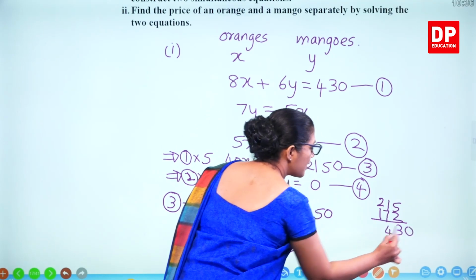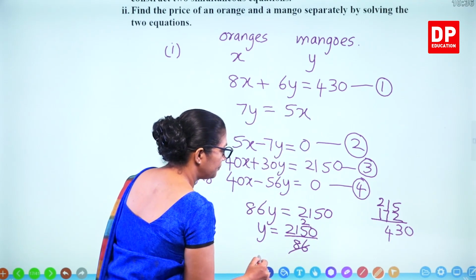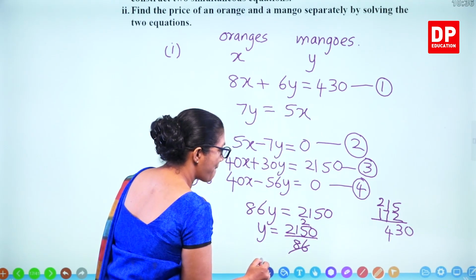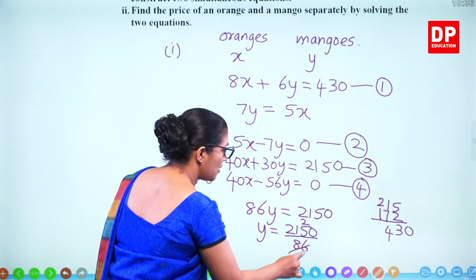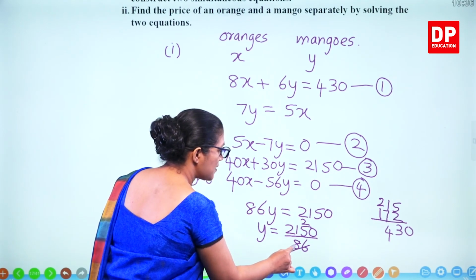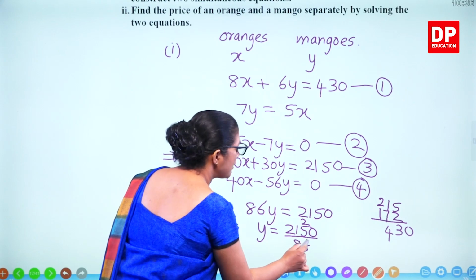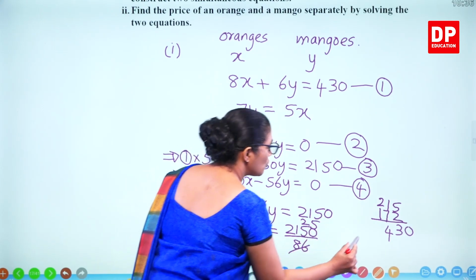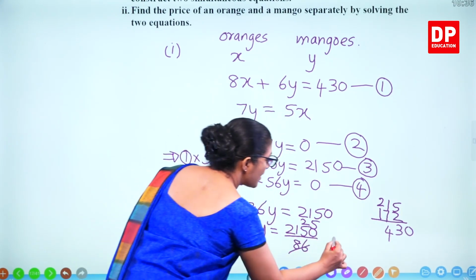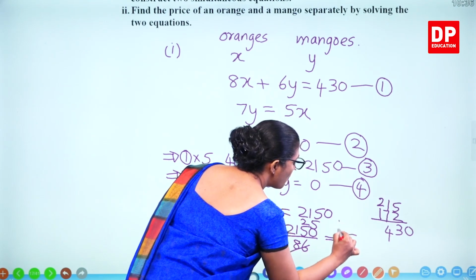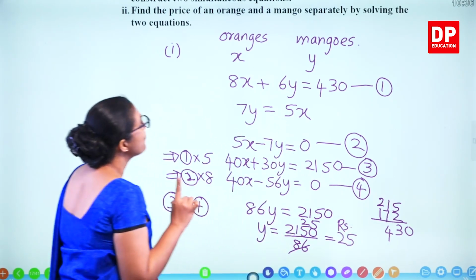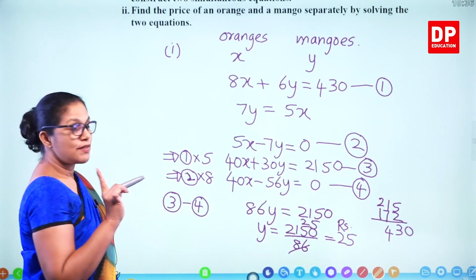So 430. You get 5. 5 times 6, 30. 5 times 8, 40 plus 3, 43. So 5. So you get y as 25 rupees. So that means the price of a mango is 25 rupees.